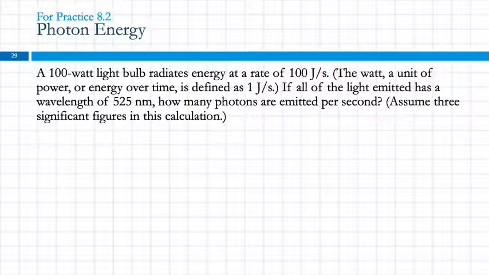We can do this just by figuring out the units. So what do we have here? We have 100 joules per second, and then we have a wavelength of 525 nanometers.